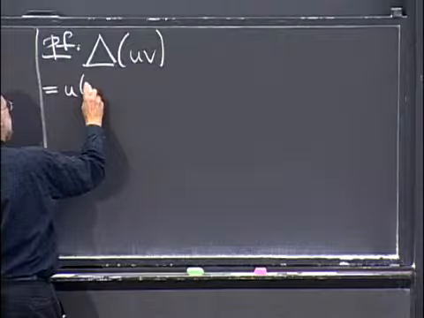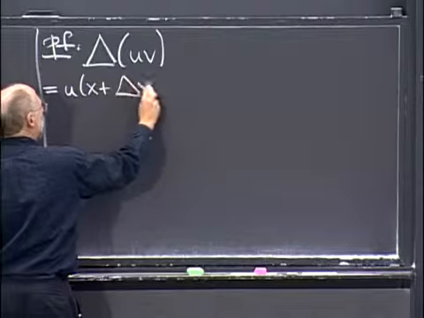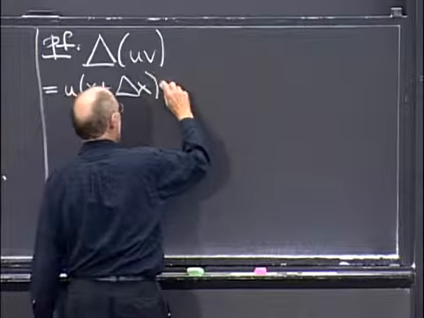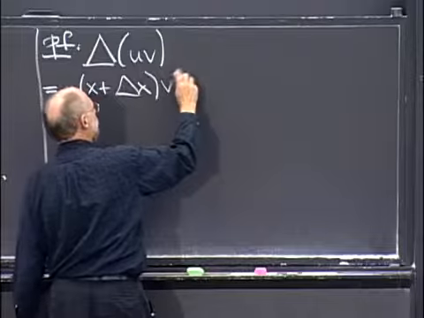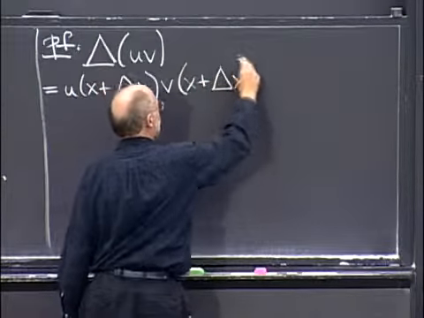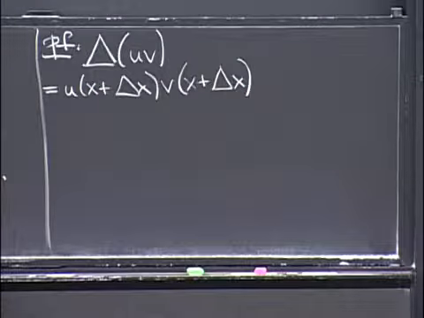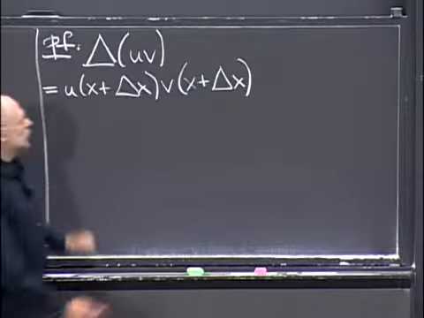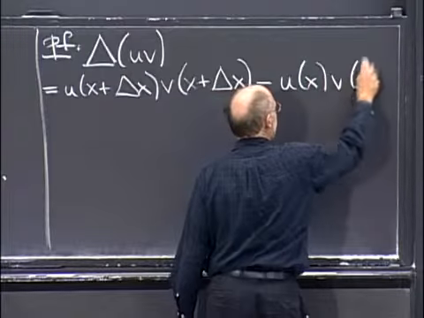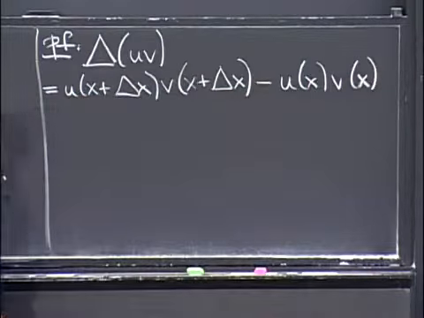I write down the value of the function at some new value, x plus delta x. The whole new value looks like this: u of x plus delta x times v of x plus delta x. That's the new value. But what's the change in the product? I'd better subtract off what the old value was, which is u of x times v of x.